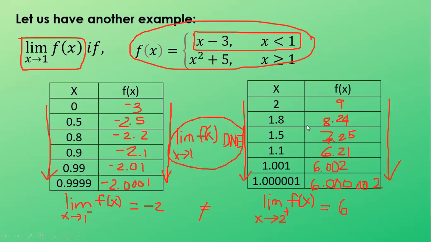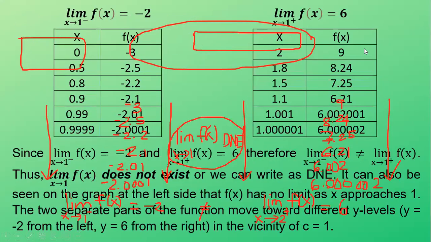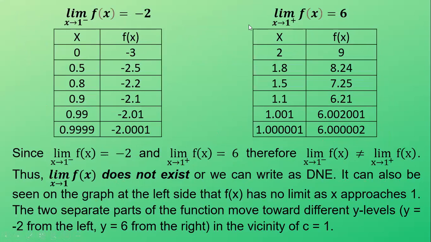So since the limit of f of x as x approaches 1 from the left and from the right is not equal to each other, thus, ayan, limit of f of x does not exist.